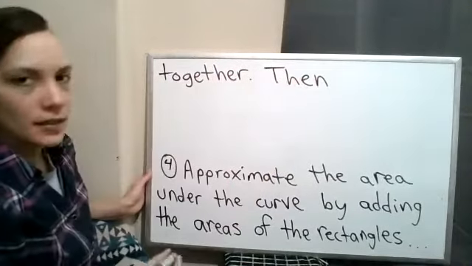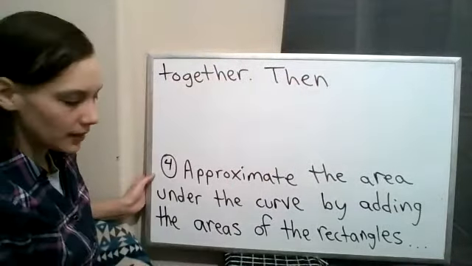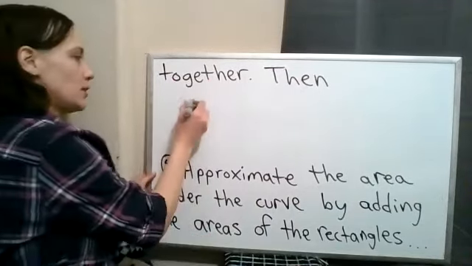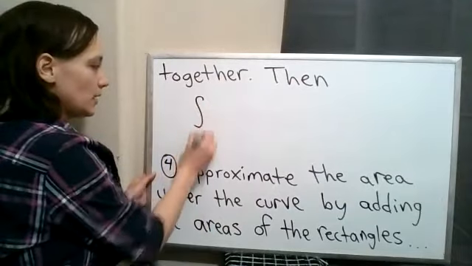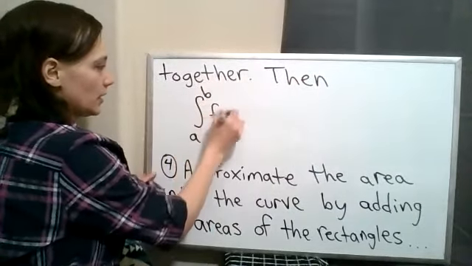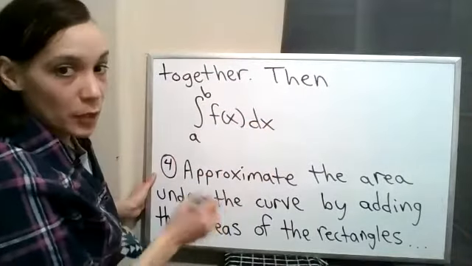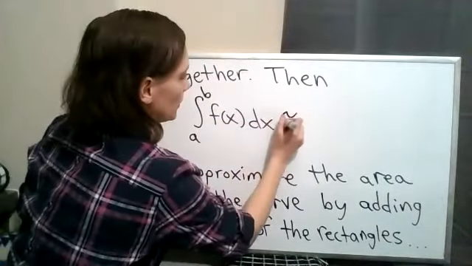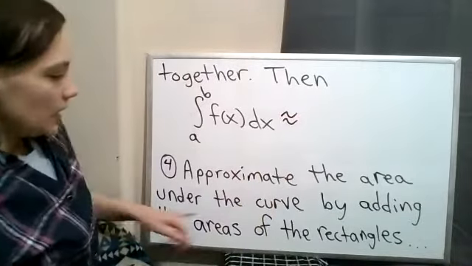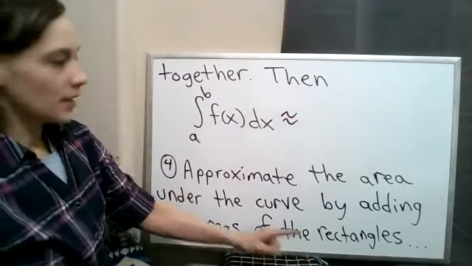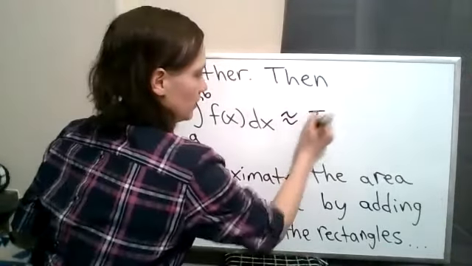Okay, then I'm just going to write that out mathematically. We're approximating the area under the curve, so we're going to take the integral from a to b of f of x dx, have it approximate to the sum. So adding all those rectangles together is a sum.